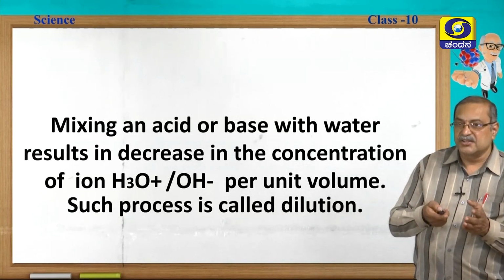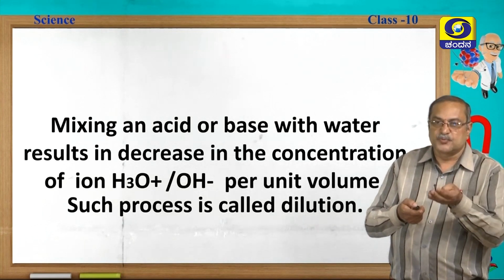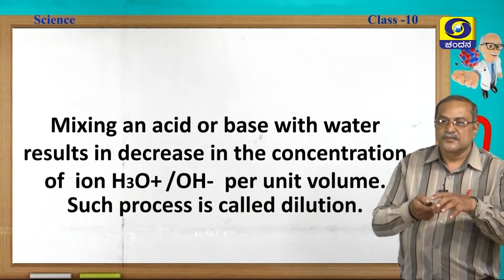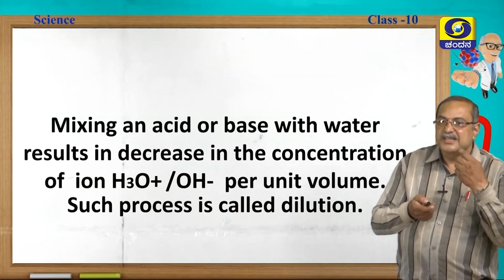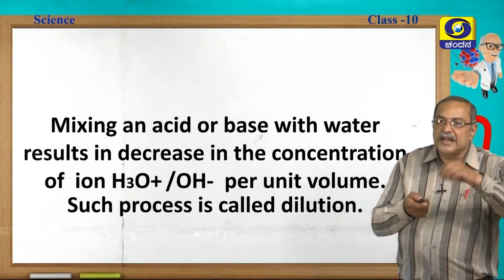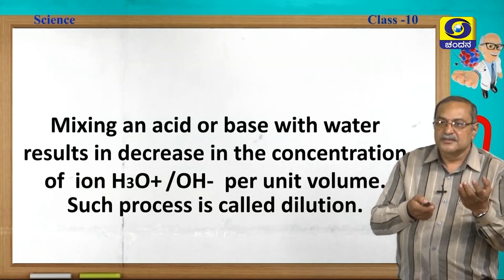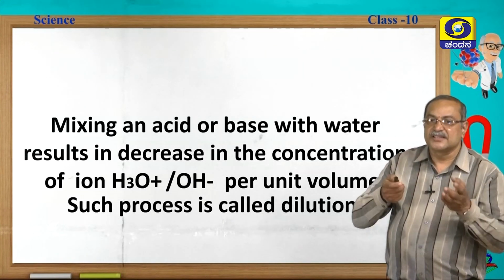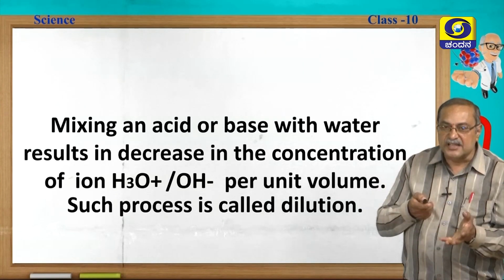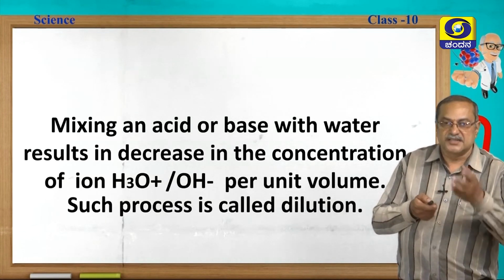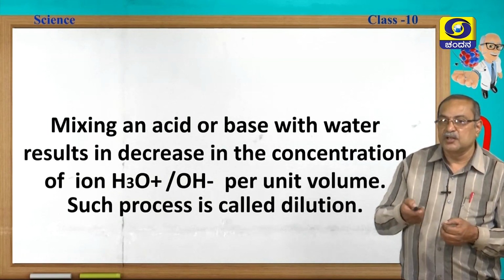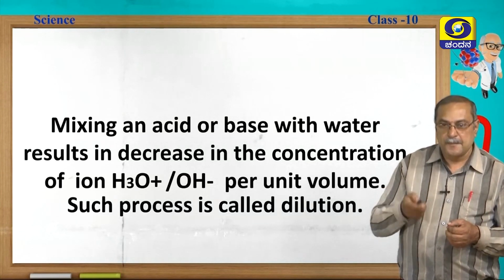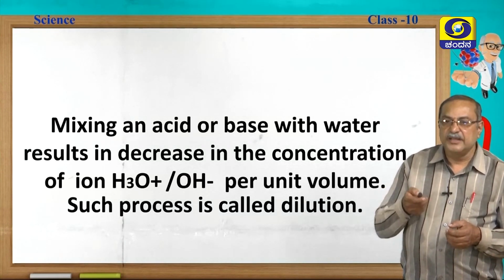For example, if you take 1 spoon of sugar and 1 glass of water and mix, it will dissolve, but the taste will be less. If you go on adding more water, the sugar taste will be even less. Why? Because it became dilute, the concentration is less. Like that, when mixing an acid or base in the same process, the number of hydroxyl or hydronium ions is reduced in concentration.